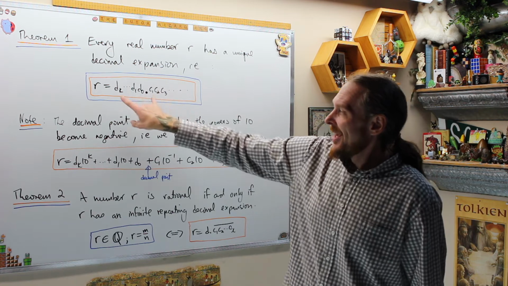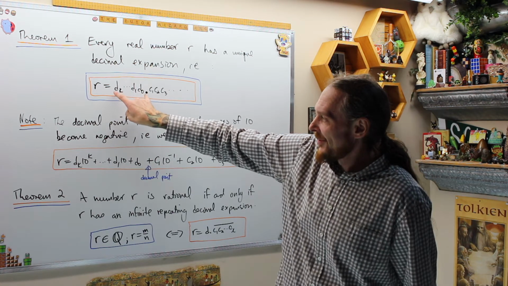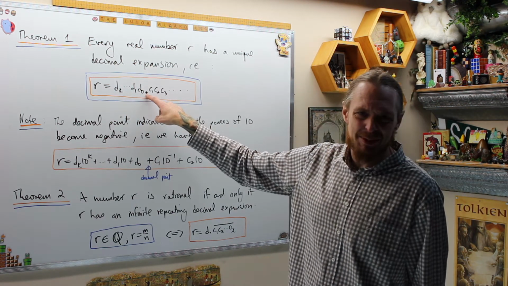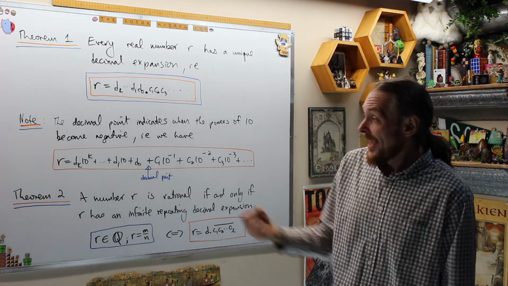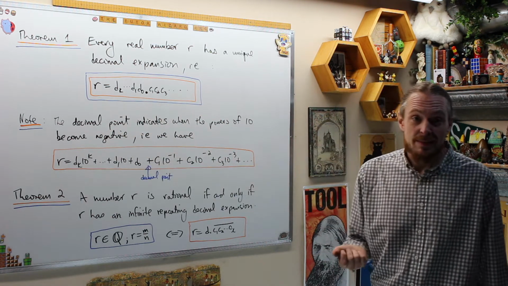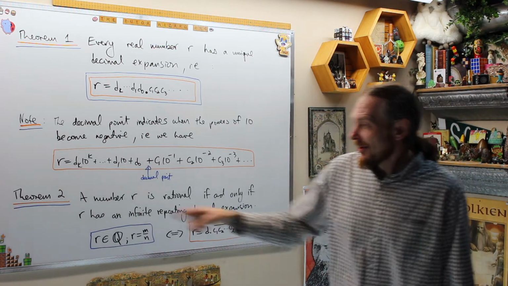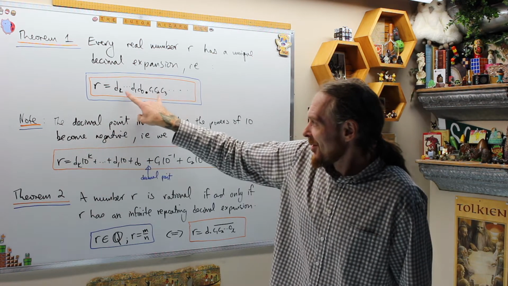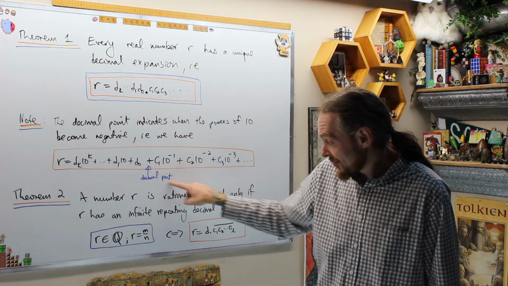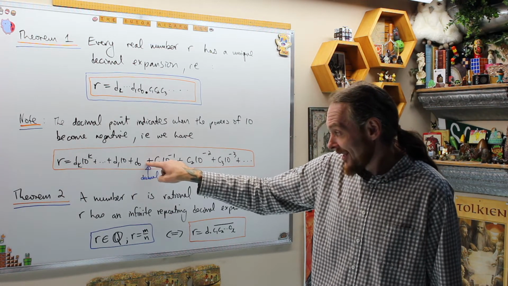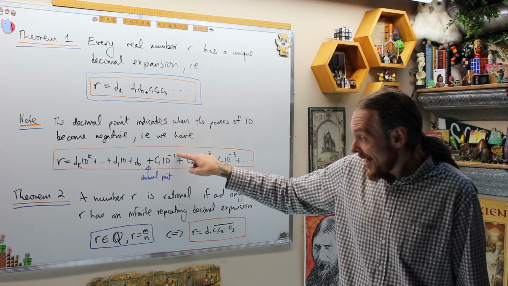In particular, if we have a whole number, it's just that first part, but then we have all of a sudden the decimal point, and then these other guys. What does the decimal point mean? Actually, what the decimal point is indicating is the powers of 10 become negative. So if r is this notation, it's the same notation as if it was a positive integer, and then here's where the decimal point comes in, right here: c1 times 10 to the minus 1.